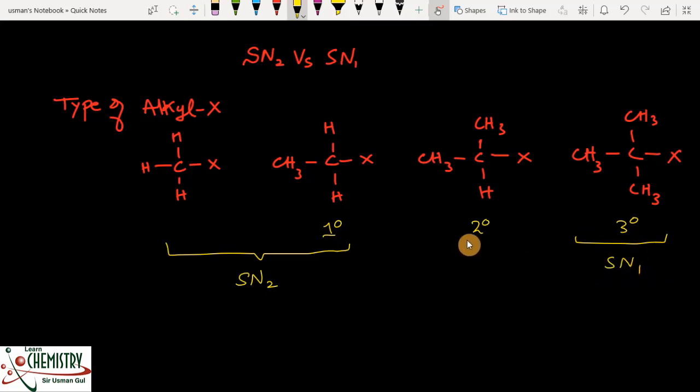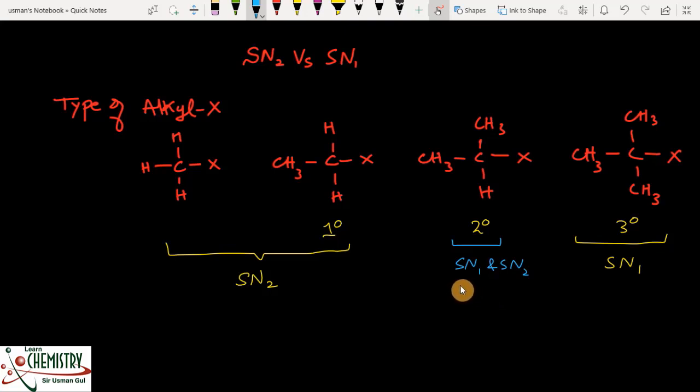And the secondary alkyl halides give us both SN1 as well as SN2. It depends on the solvent, on what kind of solvent we have.